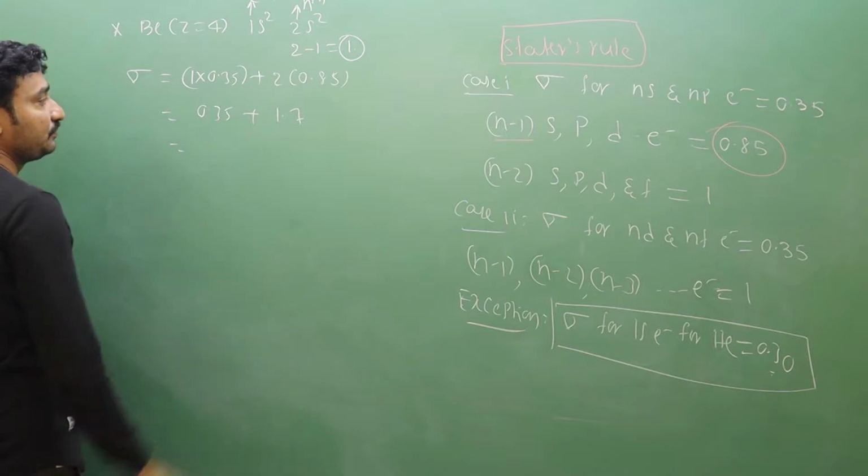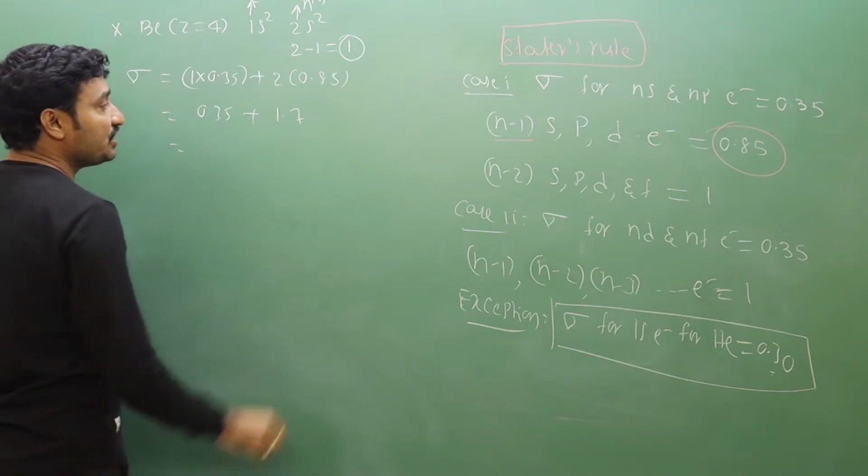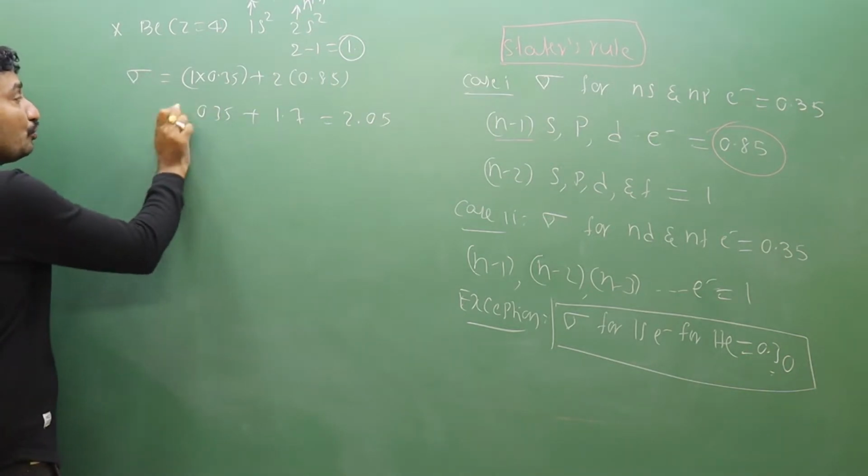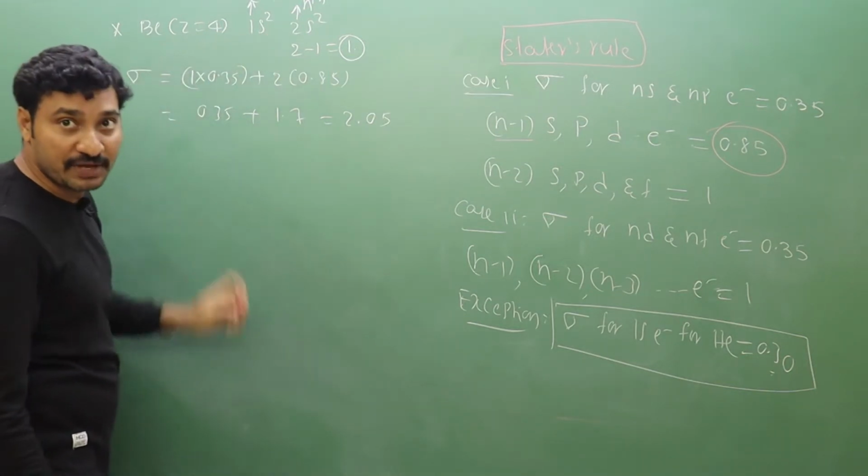That is 0.35 plus 1.7, which equals 2.05. Sigma is 2.05 for the 2s electron in beryllium.